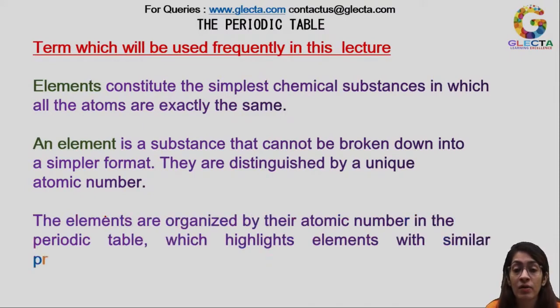The elements are organized by their atomic number in the periodic table, which highlights elements with similar properties. We know that in the modern periodic table, elements are arranged in the order of their atomic number, and this highlights elements with similar chemical properties.